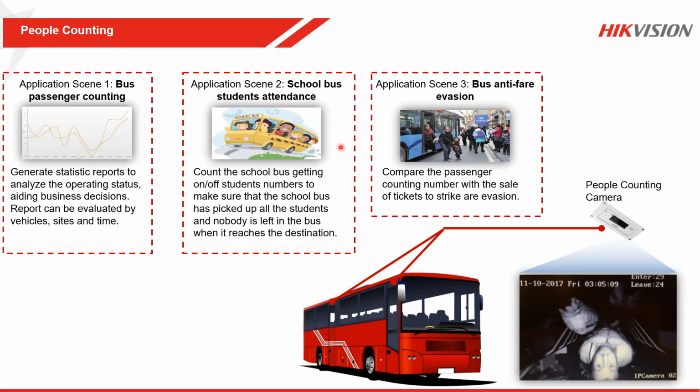So if the school bus is to collect a maximum of 30 students, and for the day, if 29 students were picked up, then 29 students need to leave the bus. If 28 students leave the bus, that means one student is unaccounted for as well. And we can also apply people counting linked to the tickets as well.